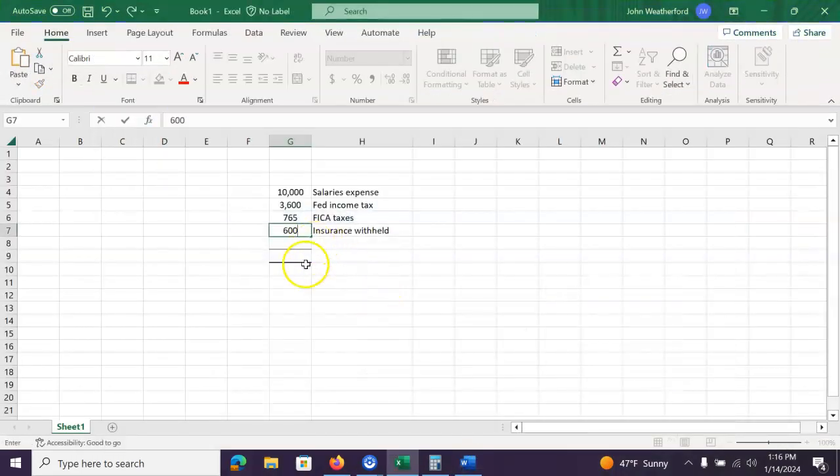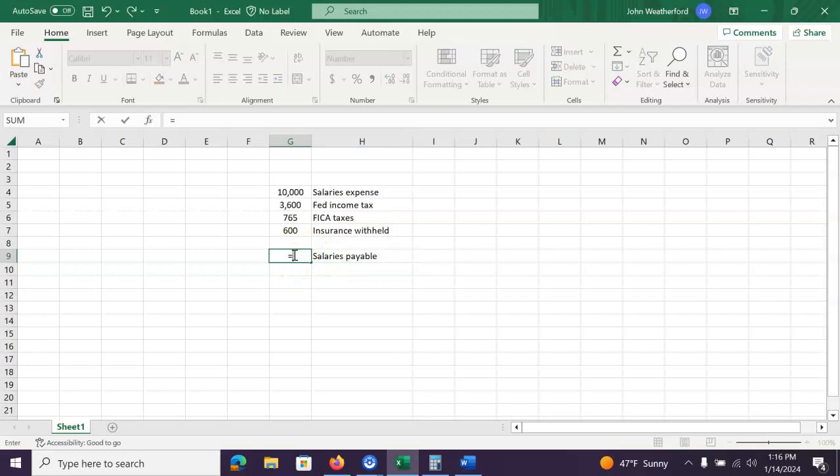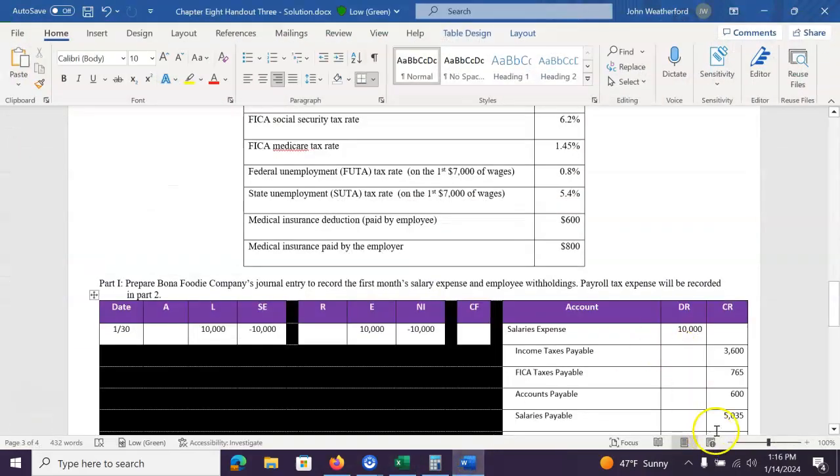Yes. So if we want salaries payable, it's going to be equal to our $10,000 of gross pay or salaries expense minus the $3,600 in federal income tax, minus the FICA taxes, and minus the insurance withheld. And that gets us to $5,035 for salaries payable, which is what you see here.